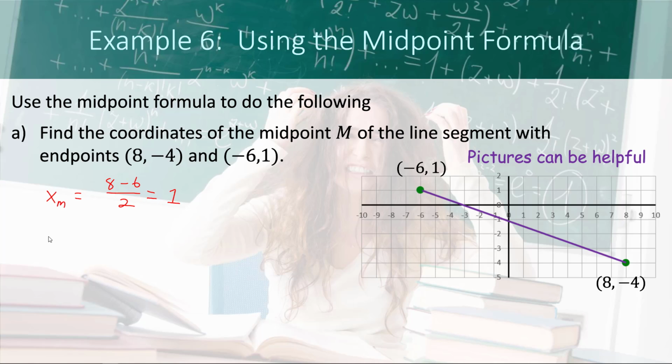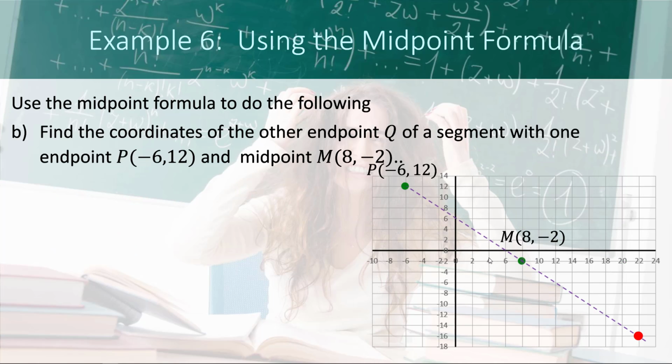And then for the y value of the midpoint, it's going to be the average of the y-coordinates, which is -4 plus 1 divided by 2, which will give us -3/2. Now, does that make sense? So our point is going to be 1, -3/2. Well, here's 1, there's -3/2, and that pretty much looks like it's in the middle to me.